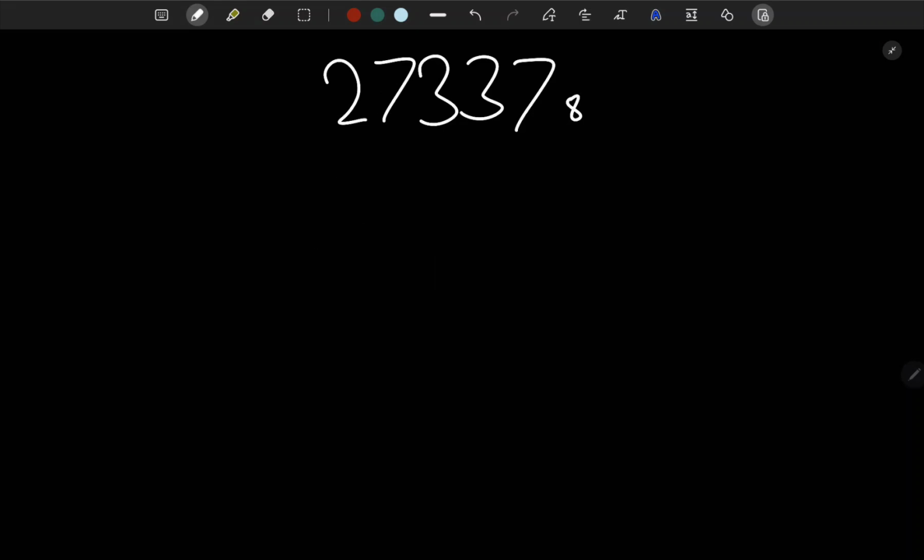Take a moment to pause the video and try to do this example yourself. Let's start with the rightmost digit. It's going to be 8 to the power of 0, then 8 to the power of 1, and so on, 8 to the power of 3, and 8 to the power of 4.